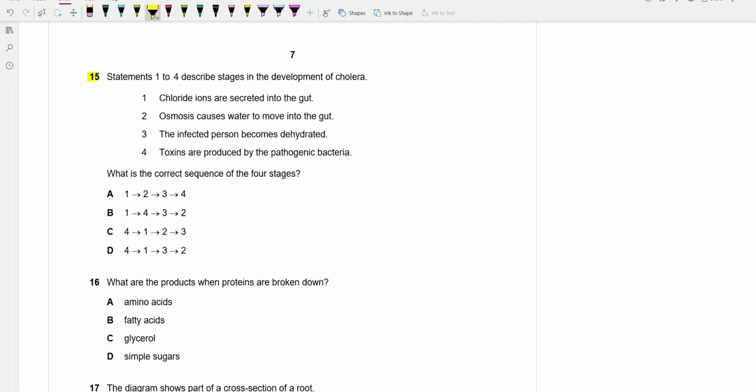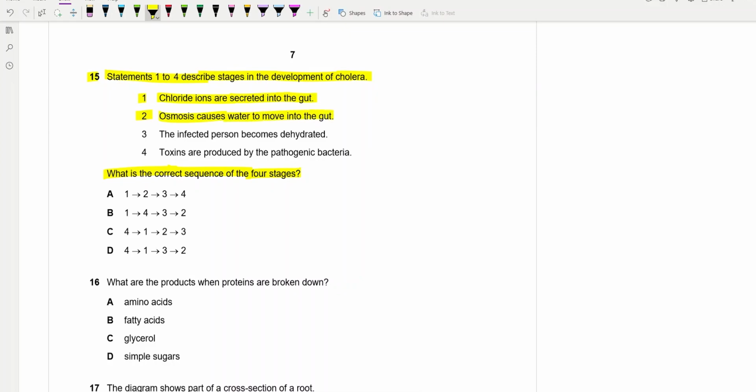Question number 15. Statements 1 to 4 describe stages in the development of cholera. What is the correct sequence of the 4 stages? Stage 1 says chloride ions are excreted into the gut. Stage 2 says osmosis causes water to move into the gut.